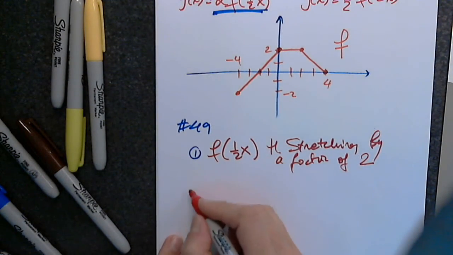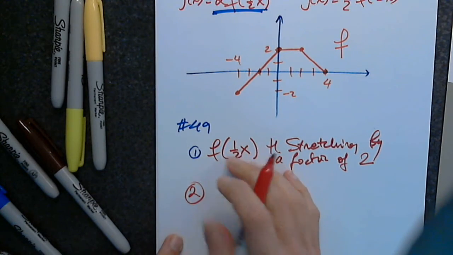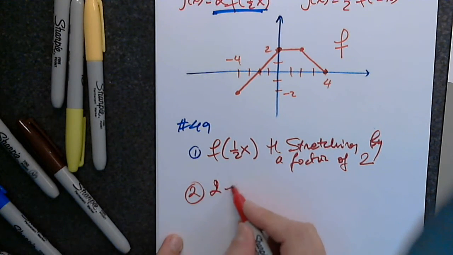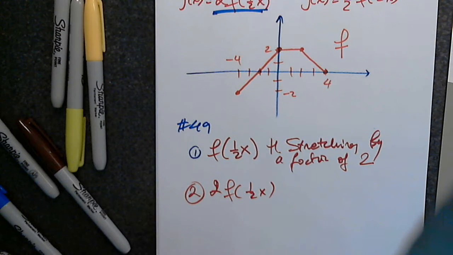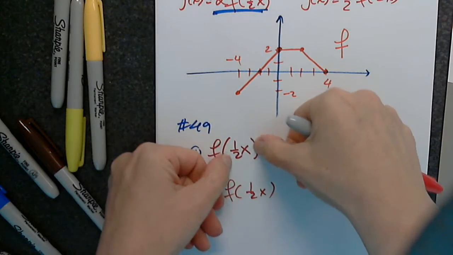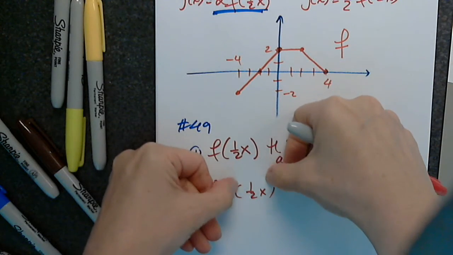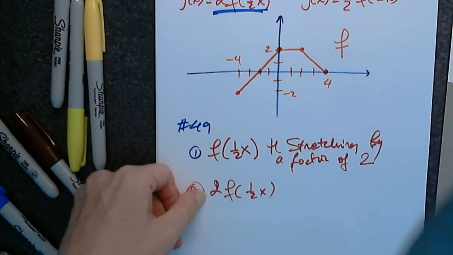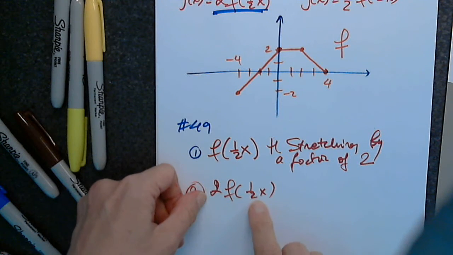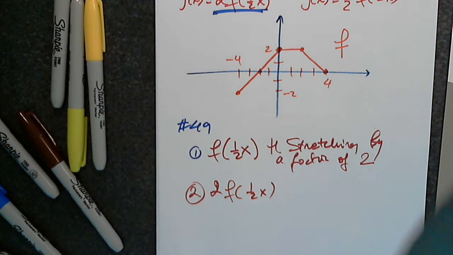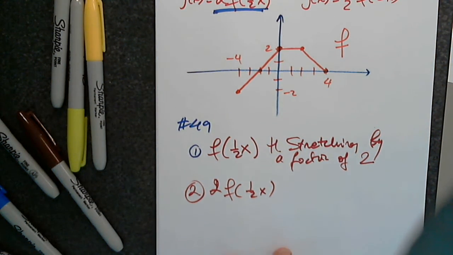Awesome. Transformation number 2 is on transformation number 1, which is twice f of 1/2 x. What am I changing now? What am I changing in 1 to get 2? And the answer is either x or y. I have to decide. But since I'm not changing x, and this is a number completely outside of the function, it does not touch x, it must be a transformation in y.